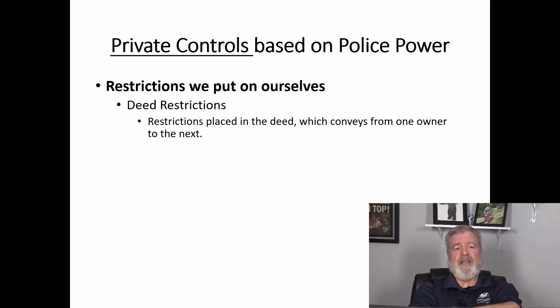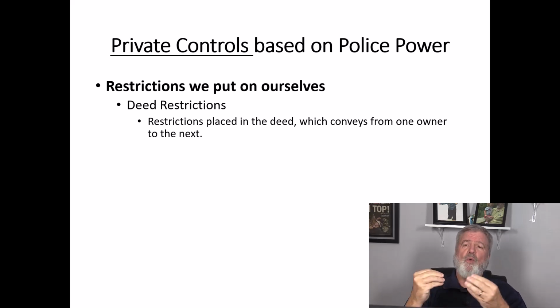What we're getting ready to look at now, y'all, two examples of private controls, which also have police power. But because it's a private control, these are requirements we put on ourselves. The government didn't put these on us. We did it ourselves. The first one we look at would be deed restrictions.